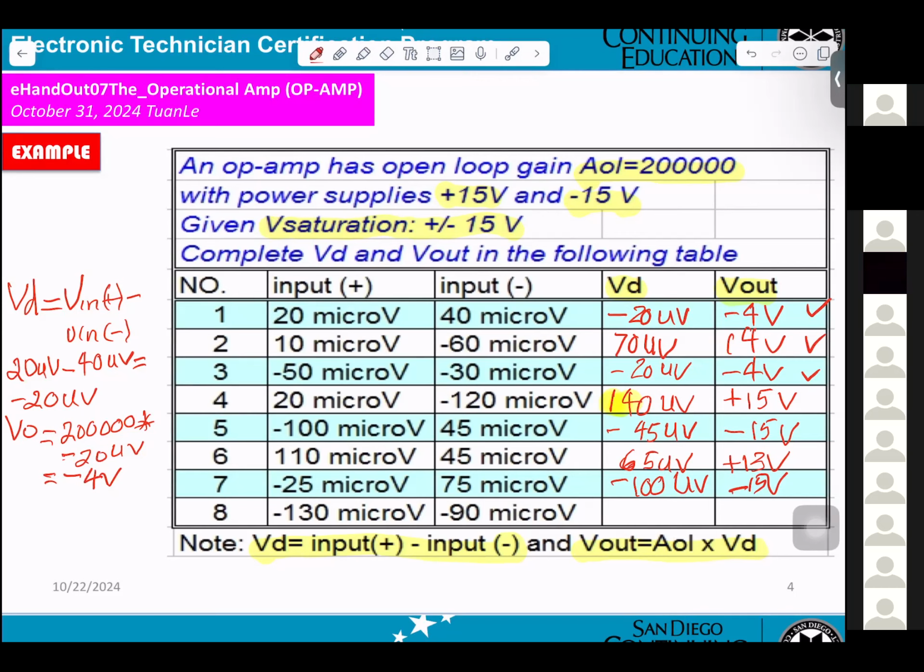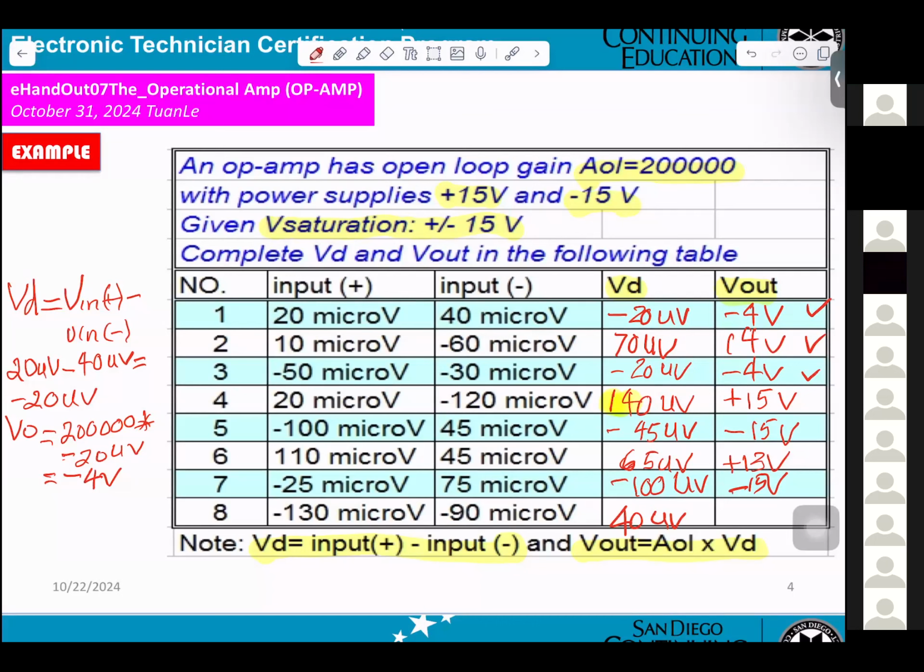130. Okay, 1, 2, 3, 4. Okay, minus 40. I got minus 40.